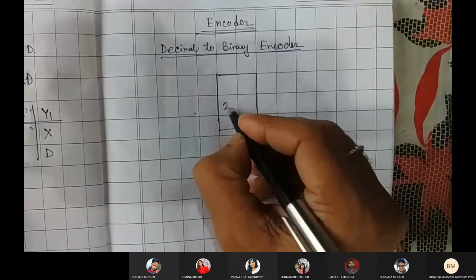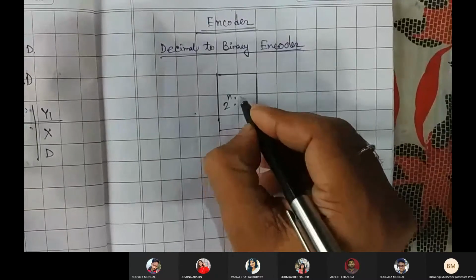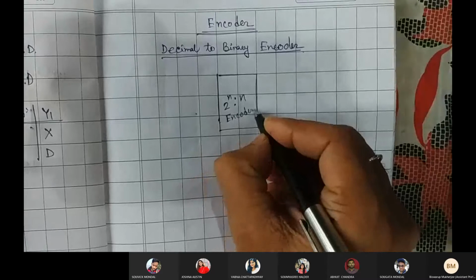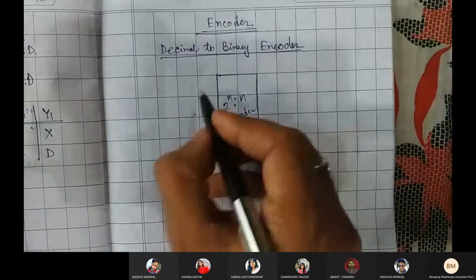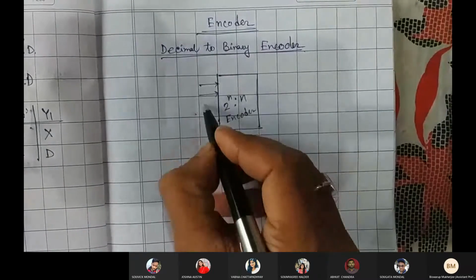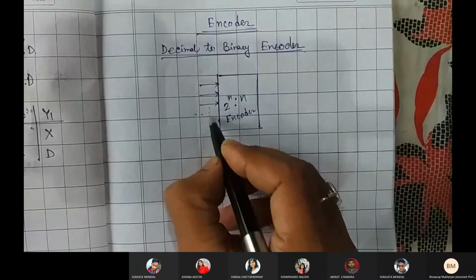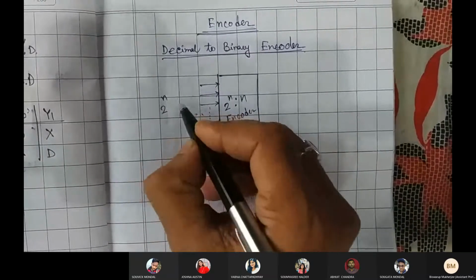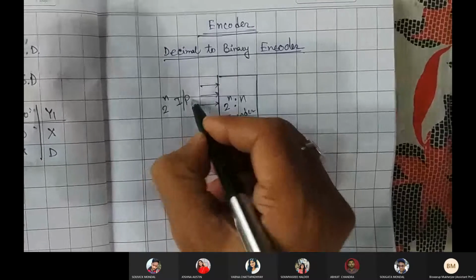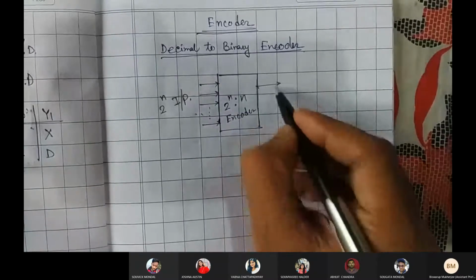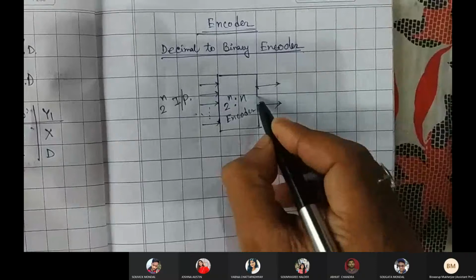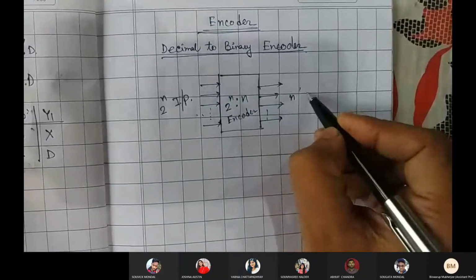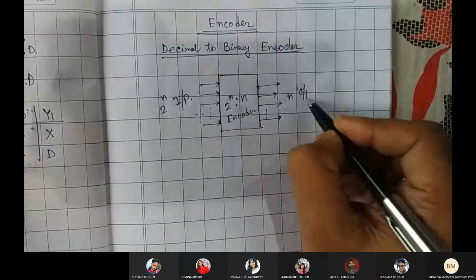It's generally called a 2 to the power n to n encoder, where we'll be having 2 to the power n numbers of inputs, and we'll be having n numbers of outputs in encoded output.